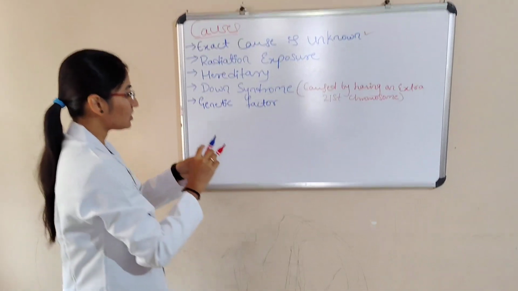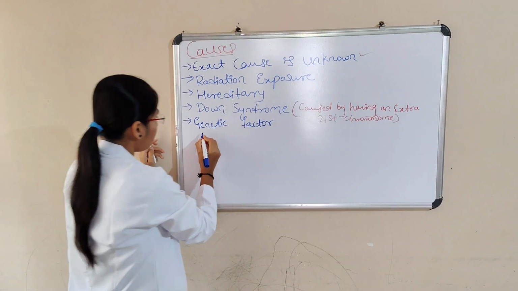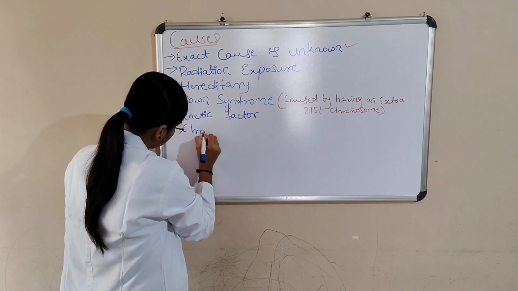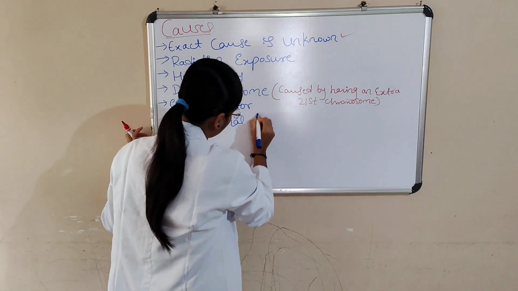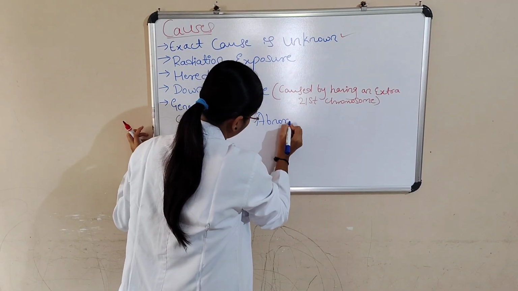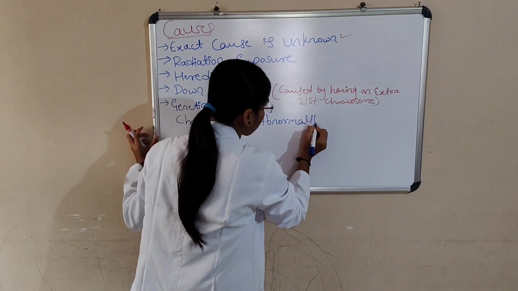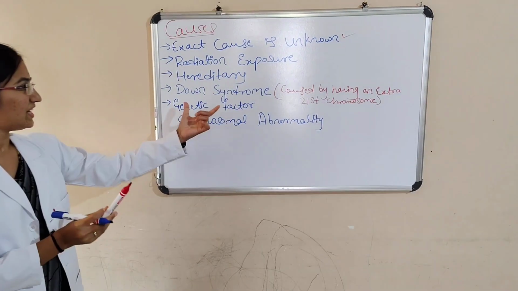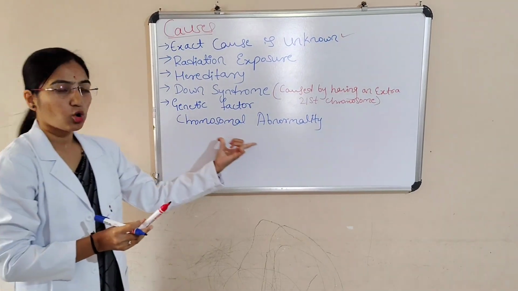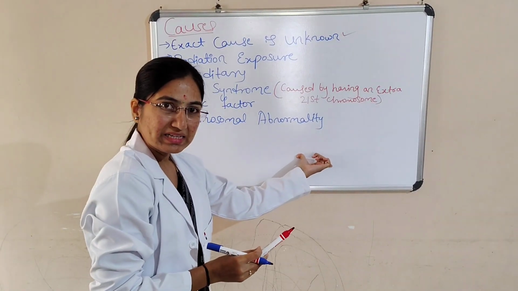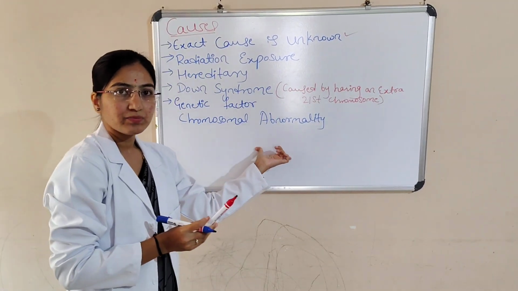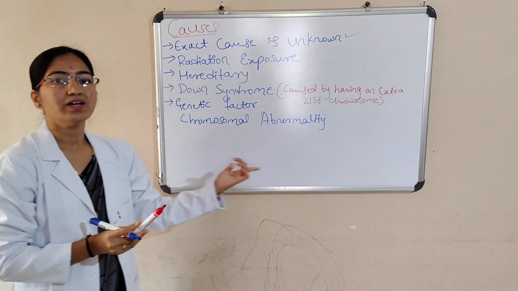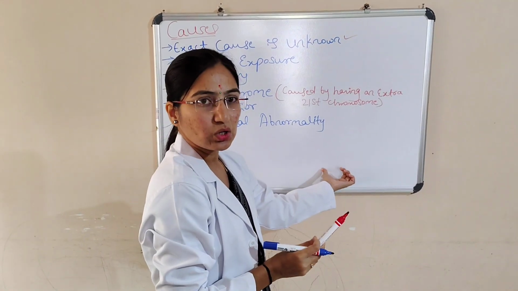Genetic factor means chromosomal abnormality. Here three chromosomal defects are there: deletion, trisomy and translocation.